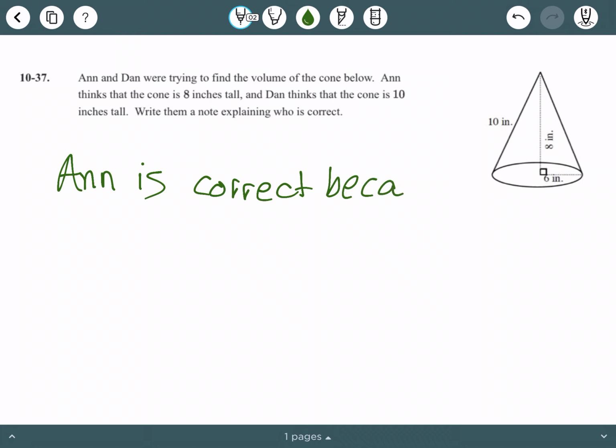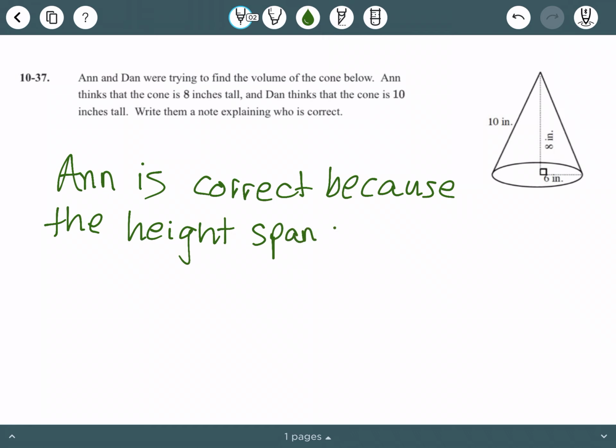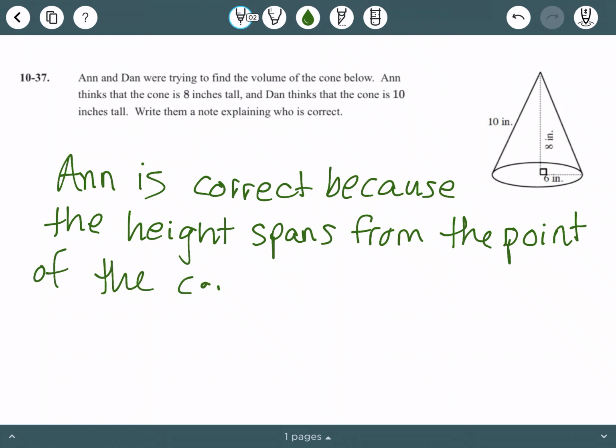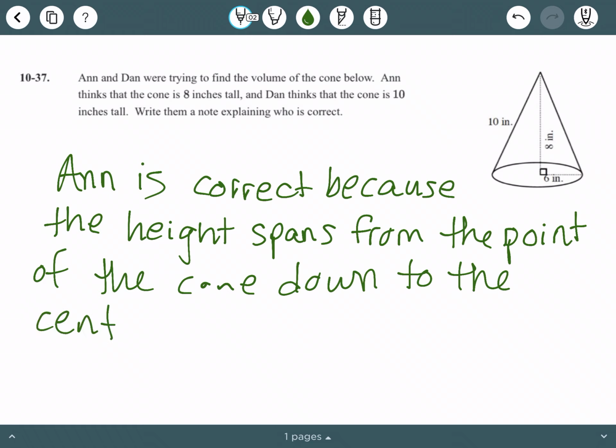Because the height spans from the point of the cone down to the center of the base.